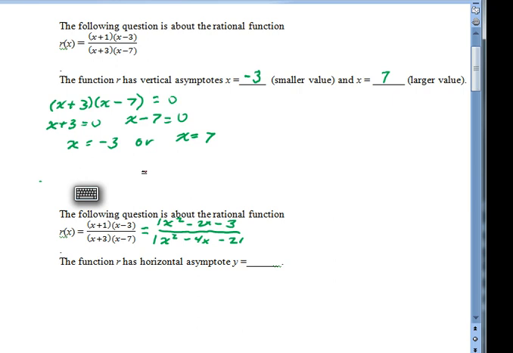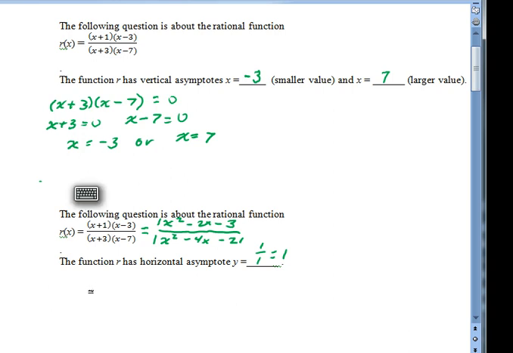So the horizontal asymptote is found by dividing the leading coefficient of the numerator by the leading coefficient of the denominator. 1 over 1 is in fact 1. So the line y equals 1 is the horizontal asymptote for this function.